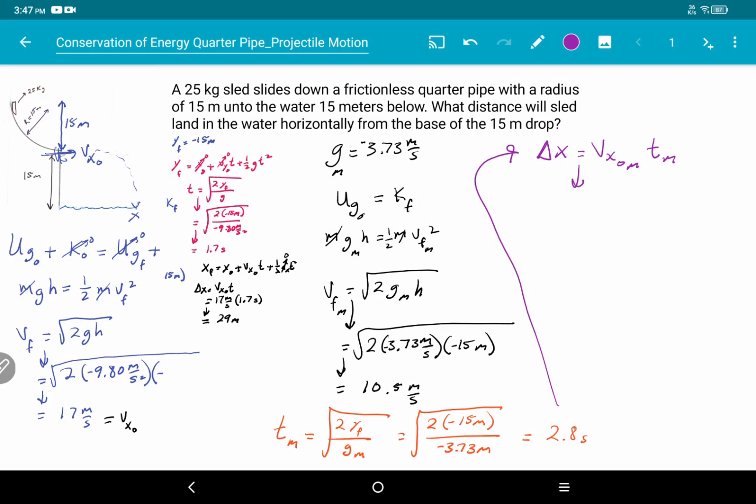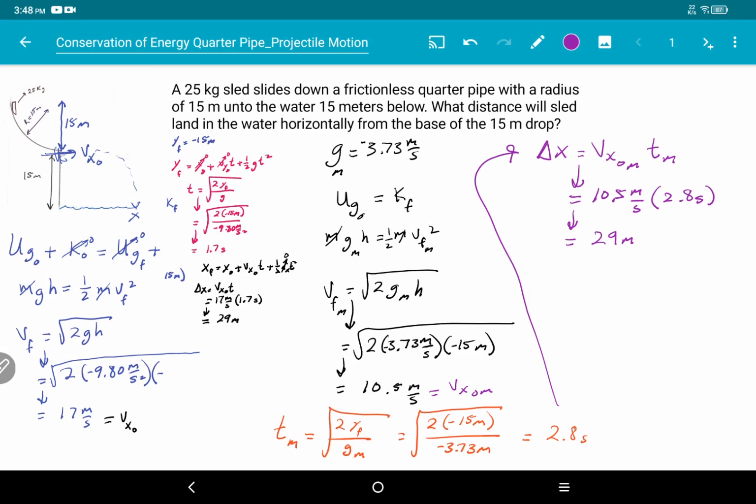And Vx initial Mars is equal to the 10.5 meters per second that we found earlier. So that's 10.5 meters per second times 2.8 seconds. And lo and behold, you do this also, we're going to get 29 meters.